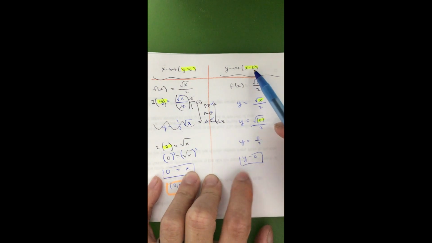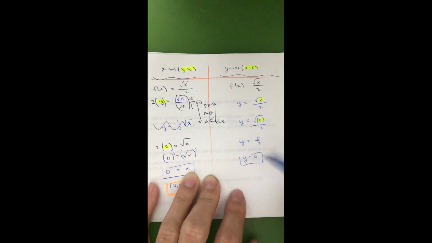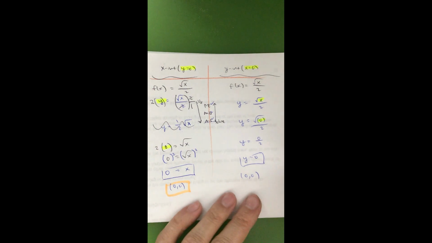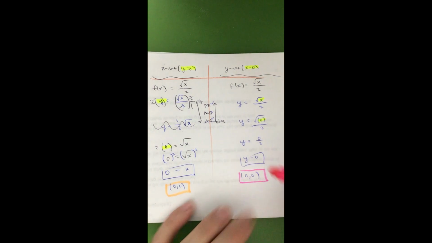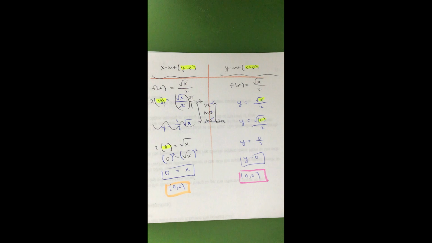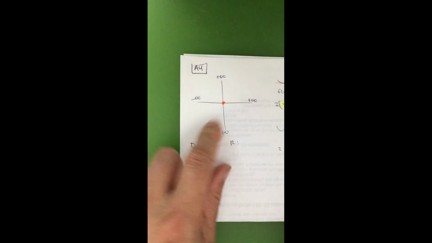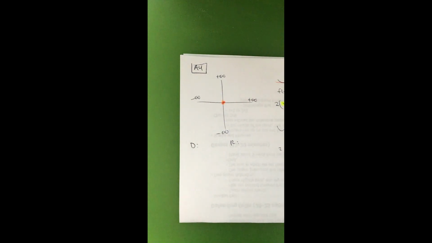So my ordered pair is x is 0, y is 0. And when that happens, you coincidentally have both an x and y intercept at the origin, so you can't really see both the colors.